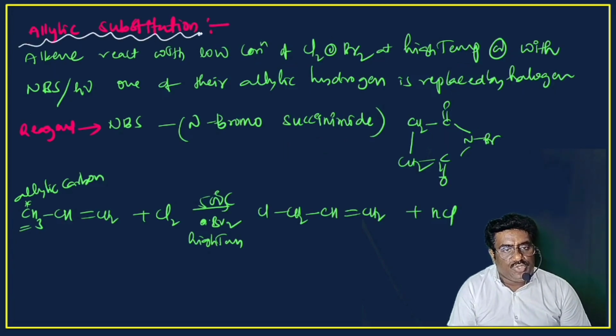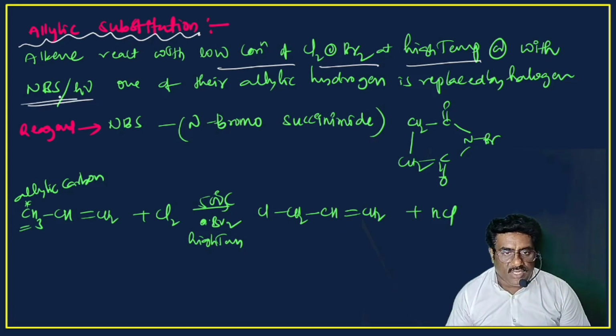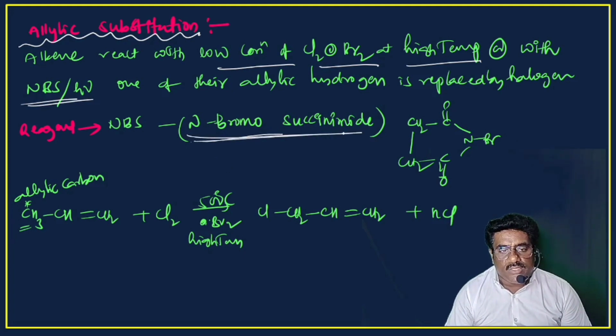Next, substitution: allylic substitution. Alkene reacts with a low concentration of Cl2 or Br2 at high temperature, or with NBS. NBS means N-bromosuccinimide. This is a reagent for allylic bromination. This is the structure of N-bromosuccinimide. We use chlorine at low concentration, or bromine at high temperature.